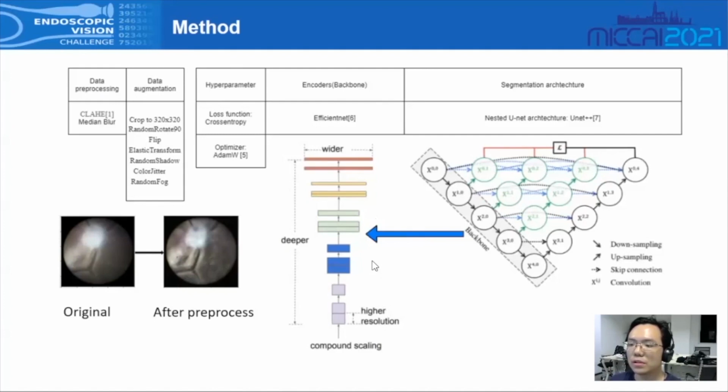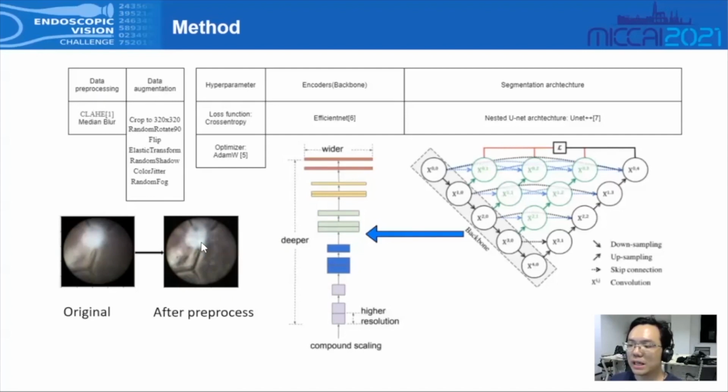We try to solve the noisiness and extreme lighting by contrast limited adaptive histogram equalization, or CLAHE, and median blur. Then we try to solve the imbalance by data augmentation. This is the original image, and the red one is the image after our pre-processing.